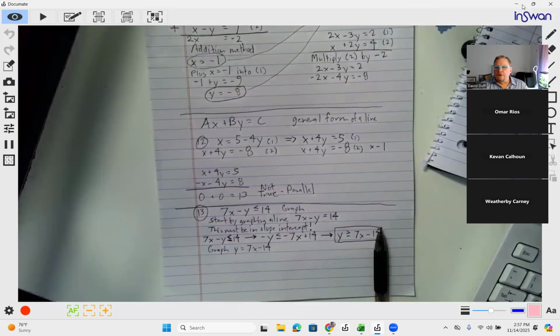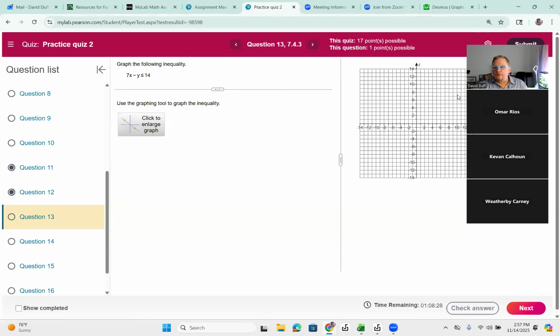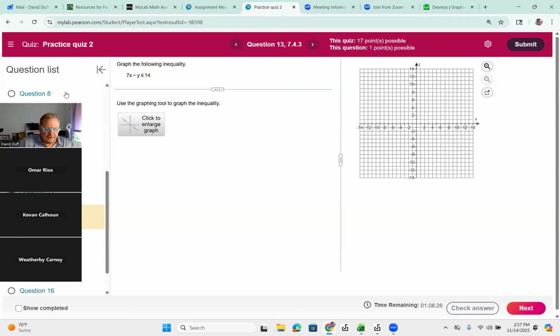So let's go ahead and look at this. How do we graph y equals 7x minus 14? Well, it's already in slope-intercept form. So what is my slope?